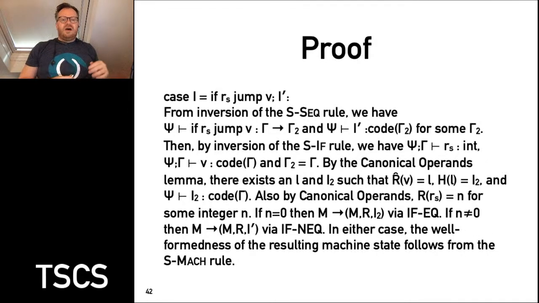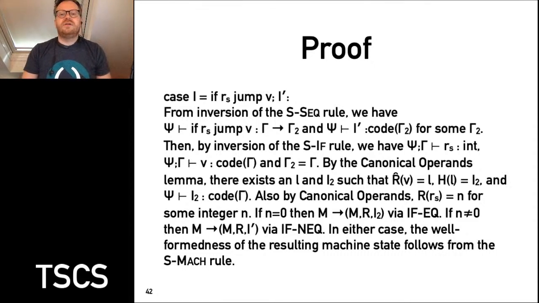So you have now the conditional jump, and there you have these two subcases with the if EQ and the if NEQ. But again, you start with inverting the sequence rule, because you have this I prime in there as well. And then you have this jump, which basically is again a gamma transition.